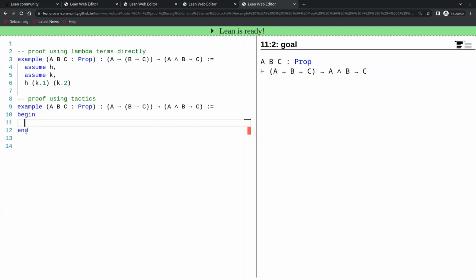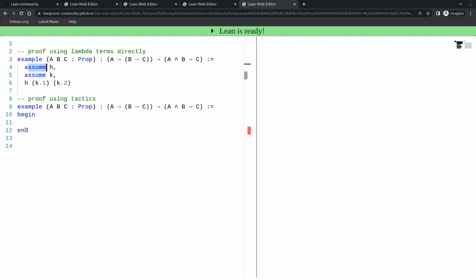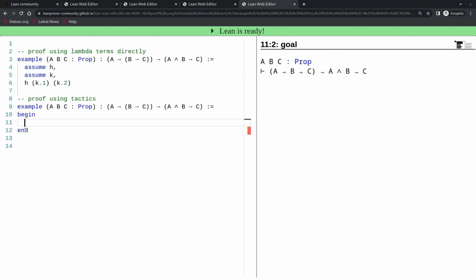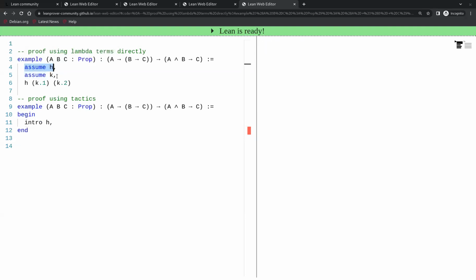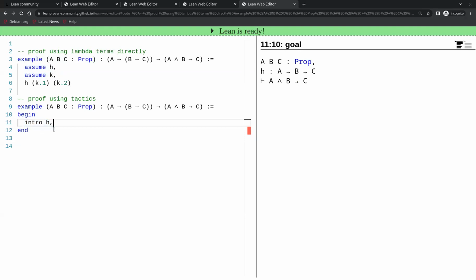The proof using lambda terms started by assuming something, and this in tactic mode is done with the keyword intro. So we do the same. The tactic proof will mirror the proof using lambda terms, and the assume in tactic mode will be done with the keyword intro for introduction.